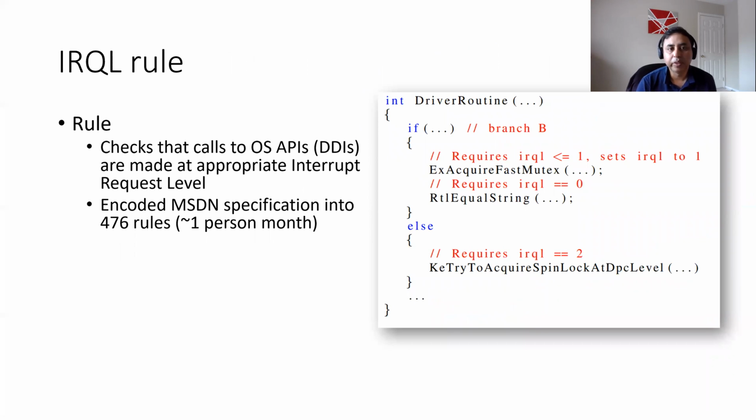In addition to memory safety rules that were new to SDV, we also added a more traditional rule called IRQL checking. What the rule does is it ensures that when certain OS APIs are invoked, they are invoked at the appropriate interrupt request level.